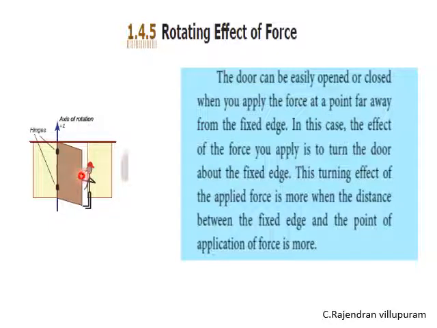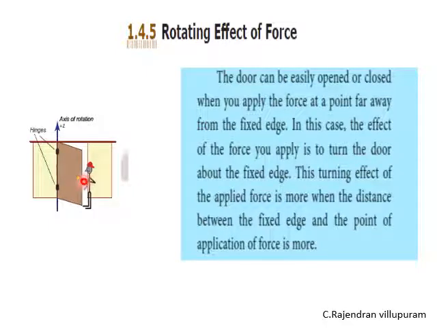That means how is it possible? This is a question you have to know. The applied force is acting on the handle. The axis of rotation is at the hinges. In order to close it easily, the distance between the axis of rotation and the point where you apply the force should be large.